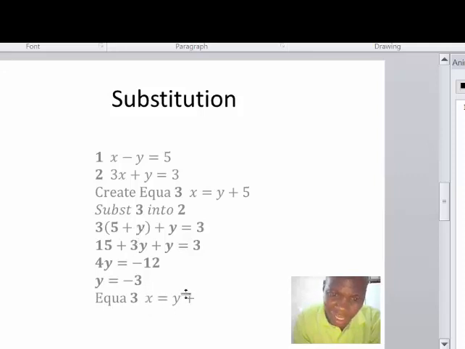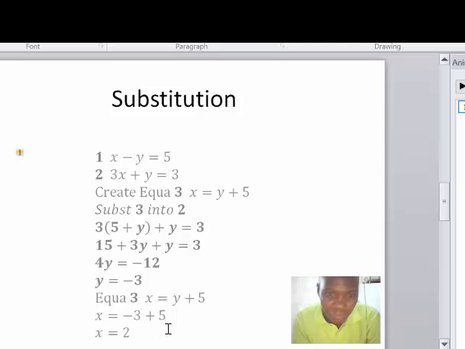But equation 3 is easier because it's already isolated the x. So you will then, where there's a y, you put a negative 3. If you put a negative 3 where there's a y, your answer will be 2. X will be equals to 2. Therefore, y is negative 3 and x is equals to 2.